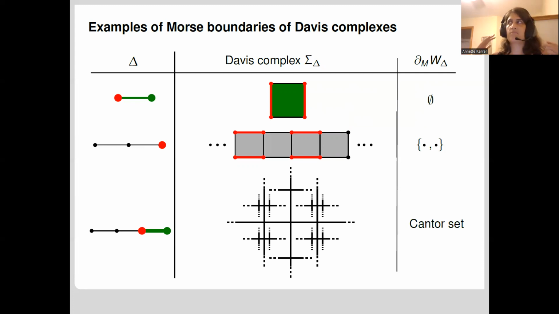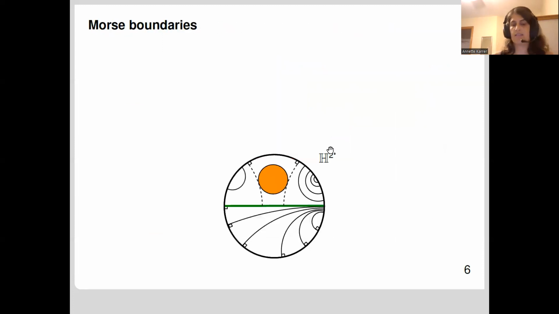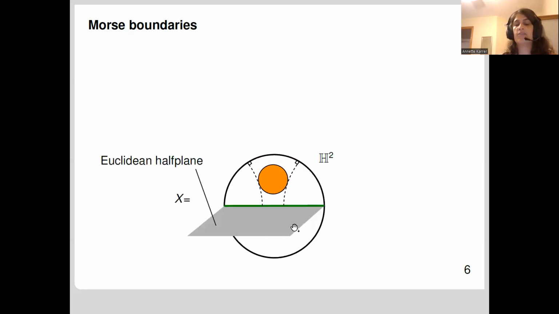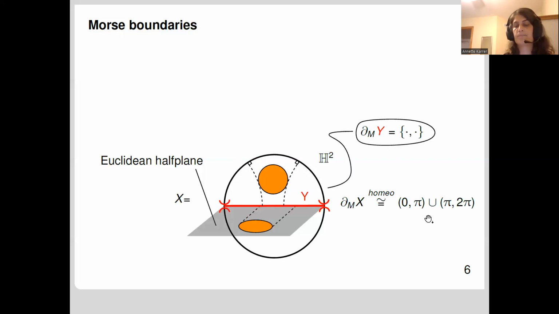So let's make more precise what this condition actually means. For that, we look at this example here. This is a hyperbolic plane whose boundary is a circle. If we now glue a Euclidean half-plane onto it, then we lose two boundary points corresponding to this bi-infinite line, which is now not Morse anymore. And the Morse boundary here is just the union of two open intervals.